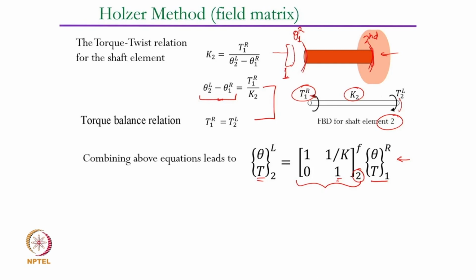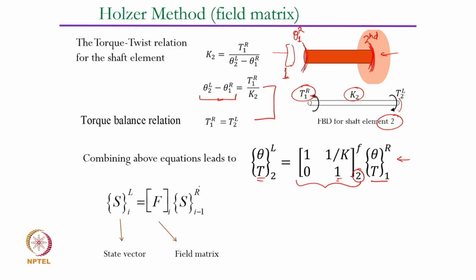It represents the entire shaft element storing the strain energy. This is represented as F, and it relates the state vectors on the left of the next element to the right of the previous element.